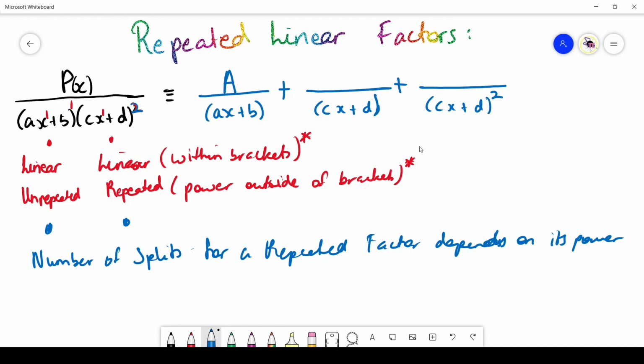Whether you're dealing with unrepeated or repeated factors, once what is within brackets is linear, meaning it's not a quadratic within brackets, then your numerator still contains standardized variables A, B, and C, or D, E, and F if you had more factors associated with it. Okay, so that's good news, all right, for linear stuff. So that is essentially how you would go about and split a repeated linear factor.